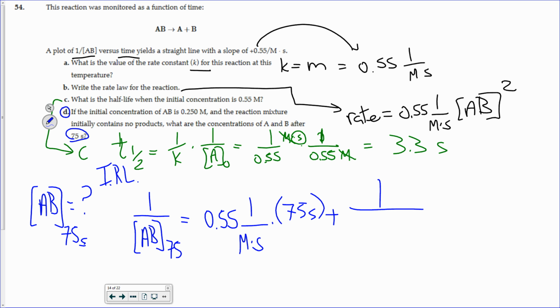The initial concentration on this one, it tells us, is 1/4 molar. So what we're solving for when we multiply this out is not the concentration of AB, it's the inverse of AB. Okay, so we just do the math and find out what's on the right.